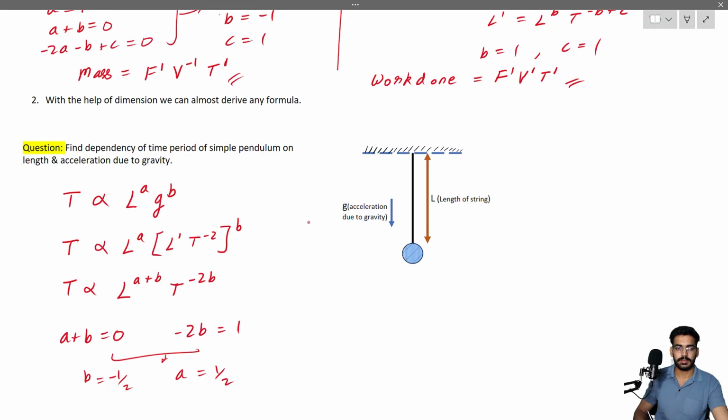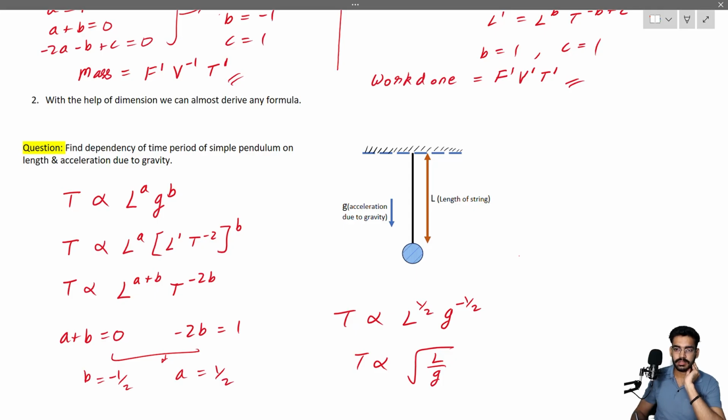So from here what we derived: t is proportional to L to the power half and g to the power minus half. So I can say t is proportional to under root L by g. This is what we derived from here.